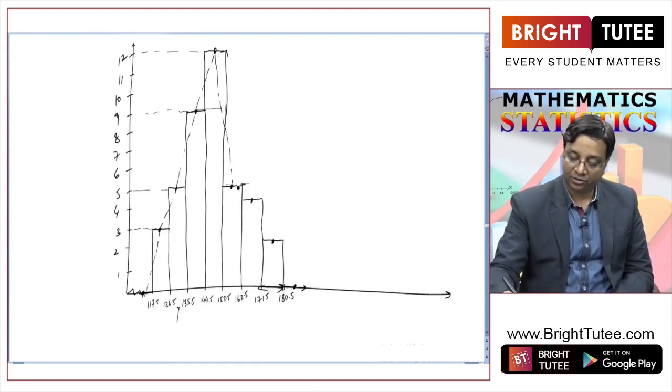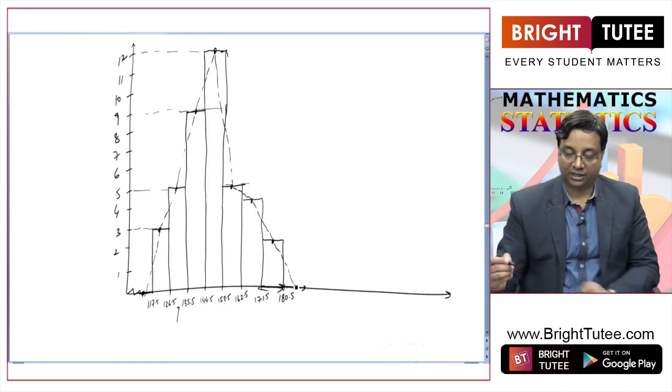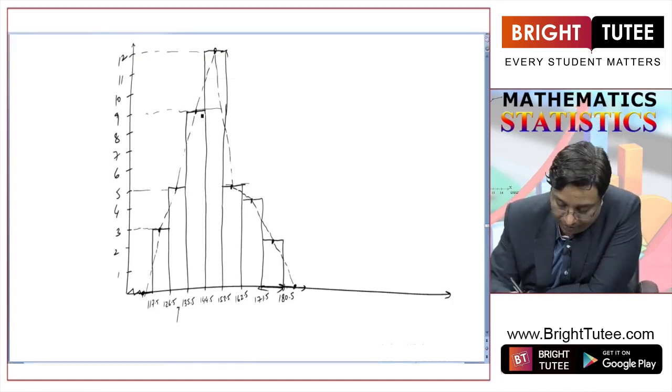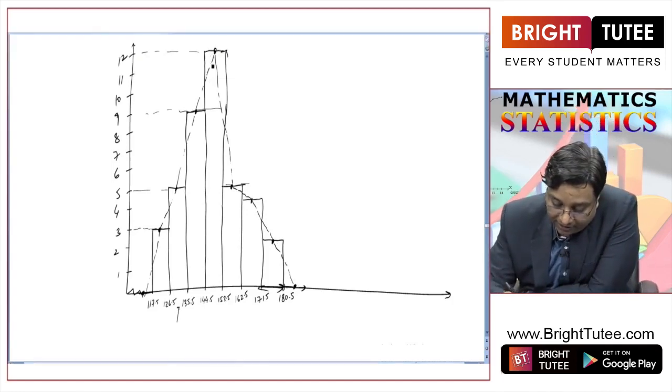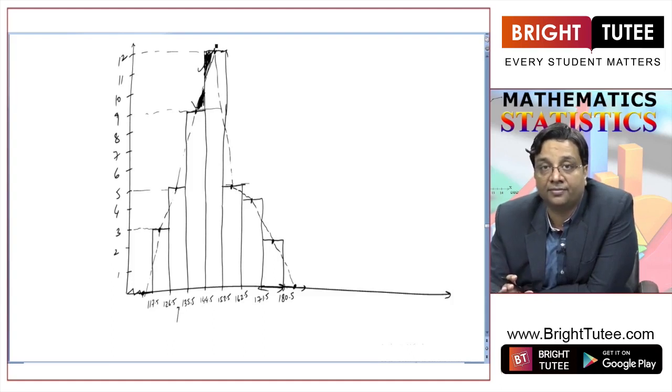And I have explained it to you previously why it would have the same area. Let me once again tell it to you, because now in the frequency polygon this area is not covered, right? But we have got this extra area here which is equal to this one, because these two triangles, this one and this one, are congruent triangles, right?